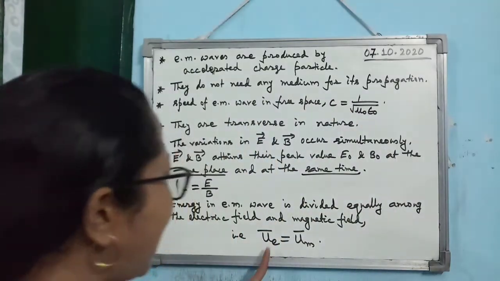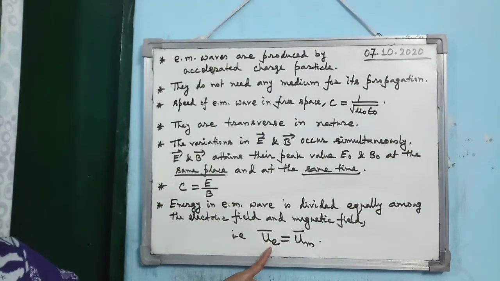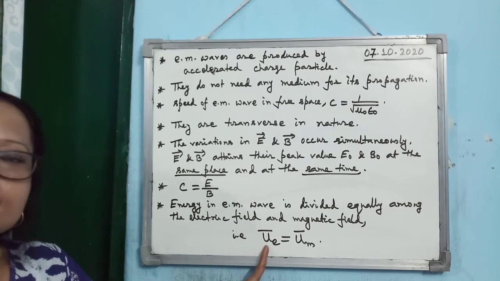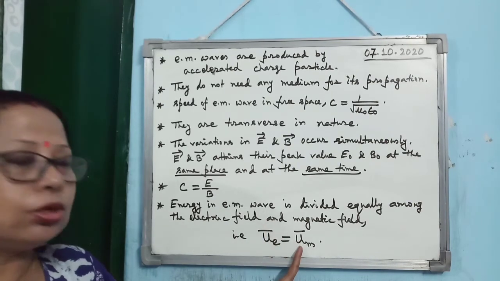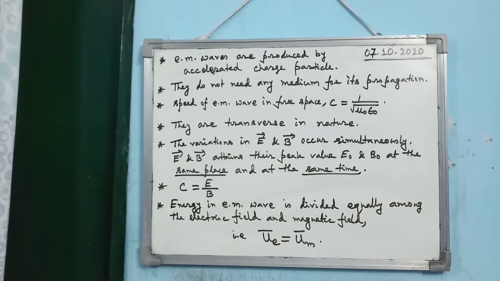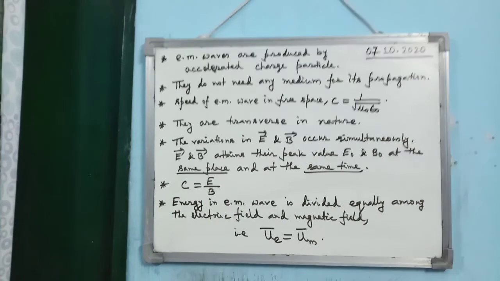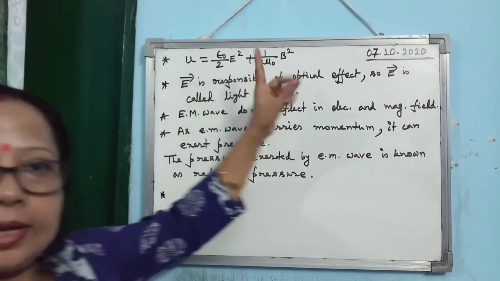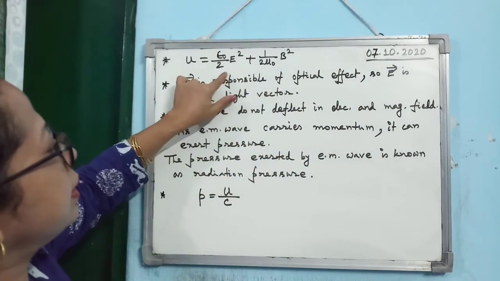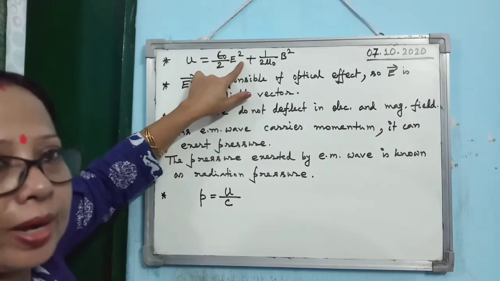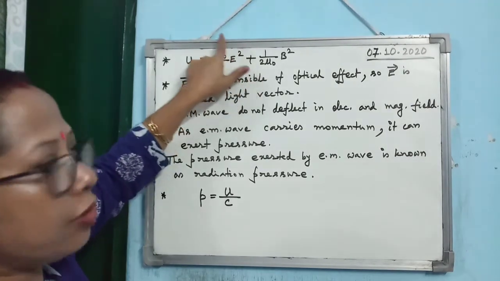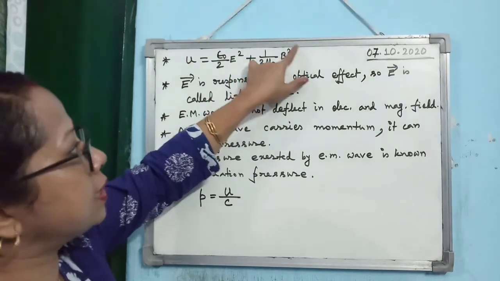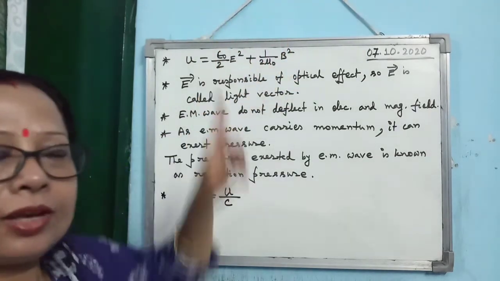That's why the average energy density for electric field, U E bar, is equal to the average energy density of the magnetic field. Now energy carried by electromagnetic wave, I already noted down, again I have written here epsilon naught by 2 E square, the energy associated with the electric field vector, plus 1 by 2 mu naught B square, the energy associated with the magnetic field vector.